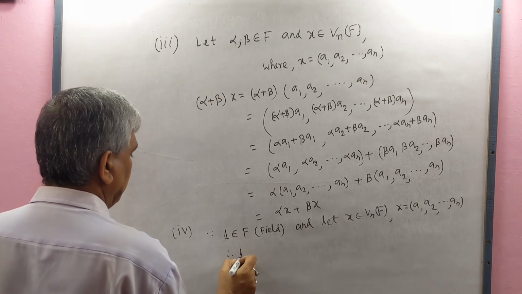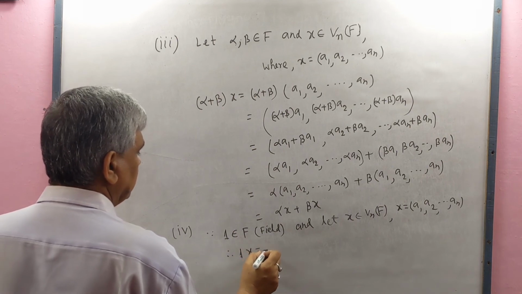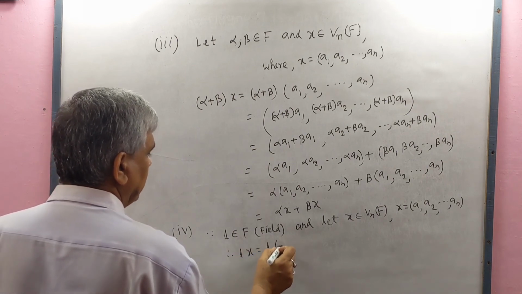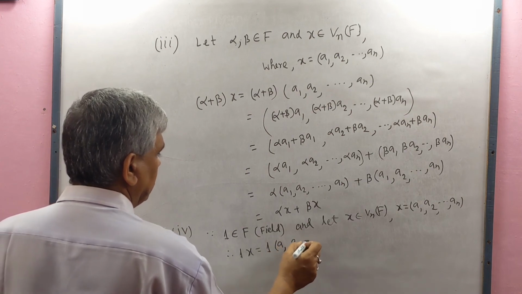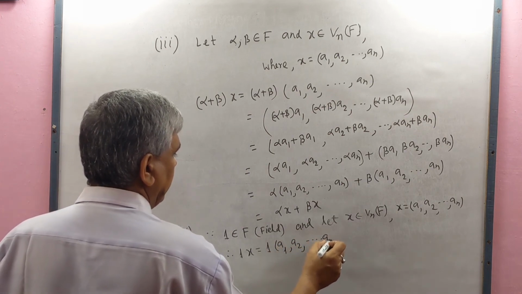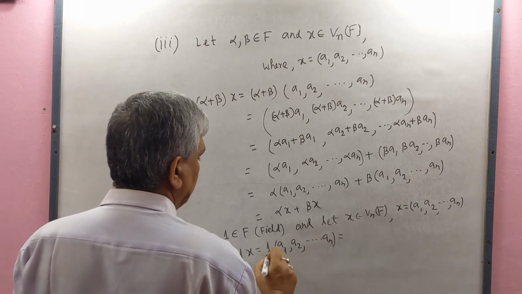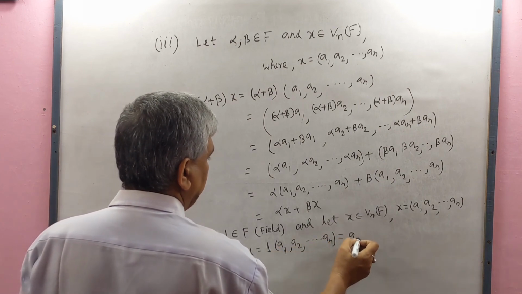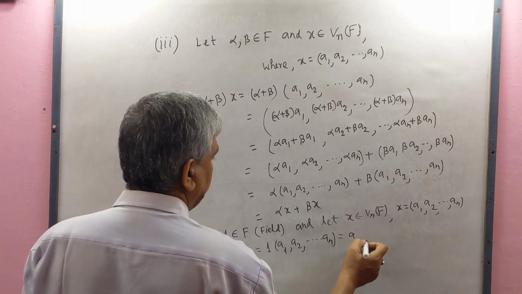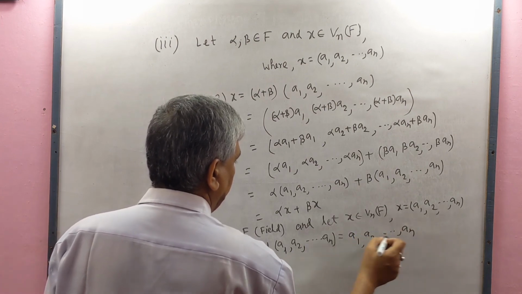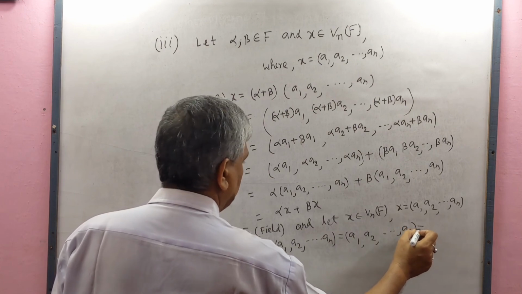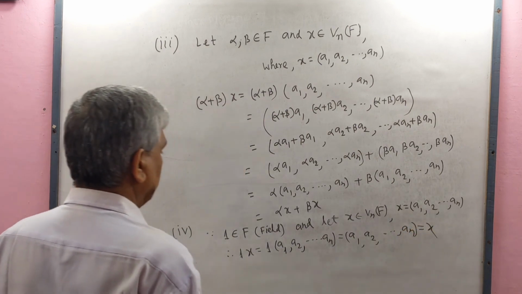Therefore 1x equal to 1(a1, a2, ..., an) equal to (1 into a1, 1 into a2, ..., 1 into an). This is equal to x.